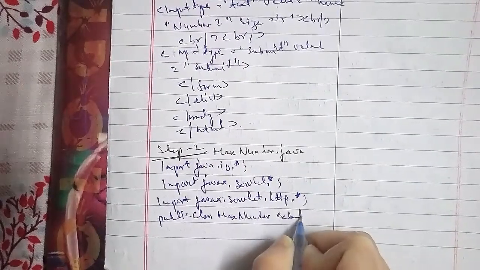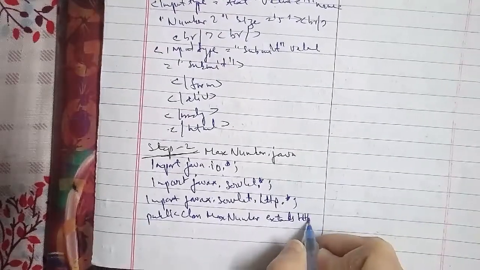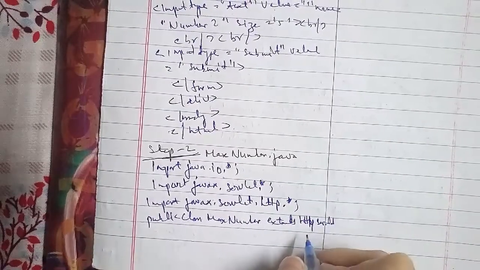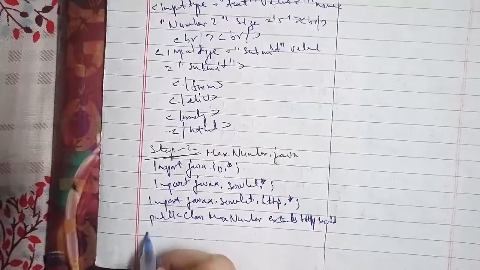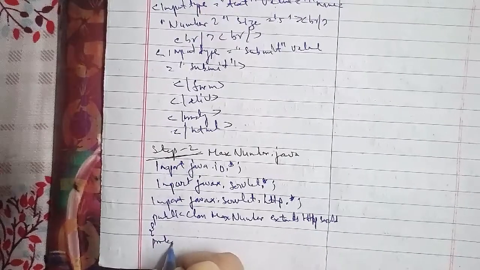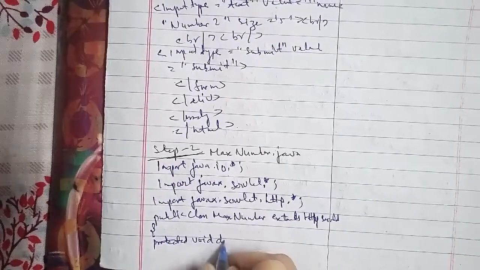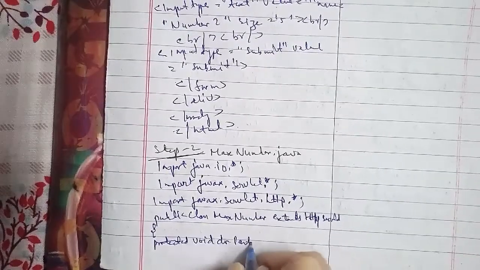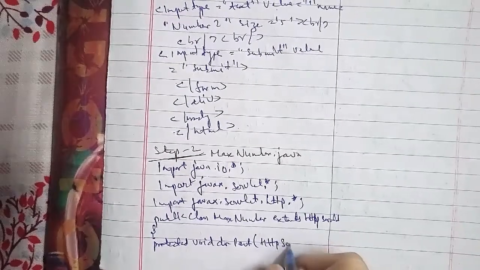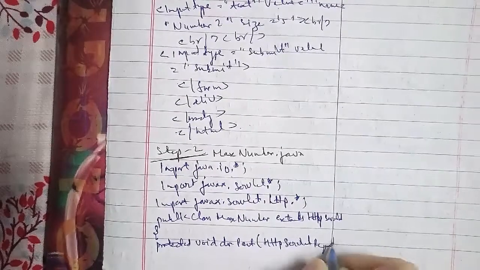res.setContentType text/html, then PrintWriter out equals res.getWriter, and then we get the request parameters.